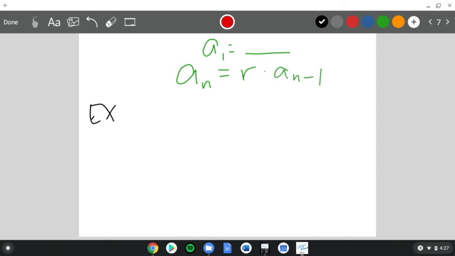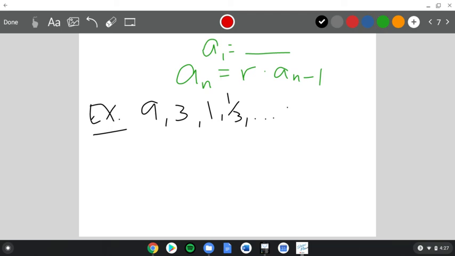Okay, again, here's the formula. A sub 1 equals whatever. This is recursive. And we'll do our list that was 9, 3, 1, 1/3.